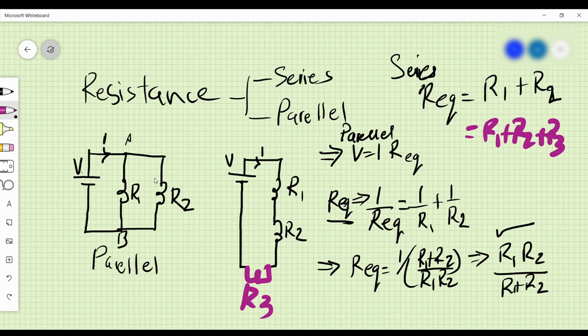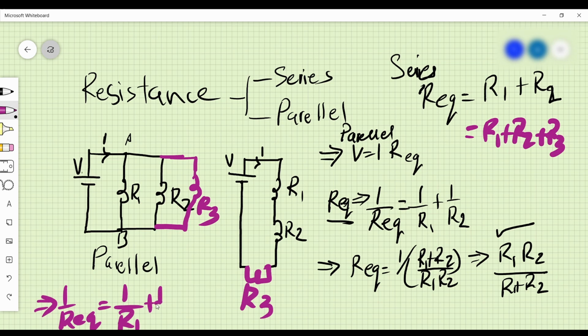Now in the parallel case as well, if you had another resistance, let's say R3, in which case 1 upon R equivalent would become 1 upon R1 plus 1 upon R2 plus 1 upon R3.